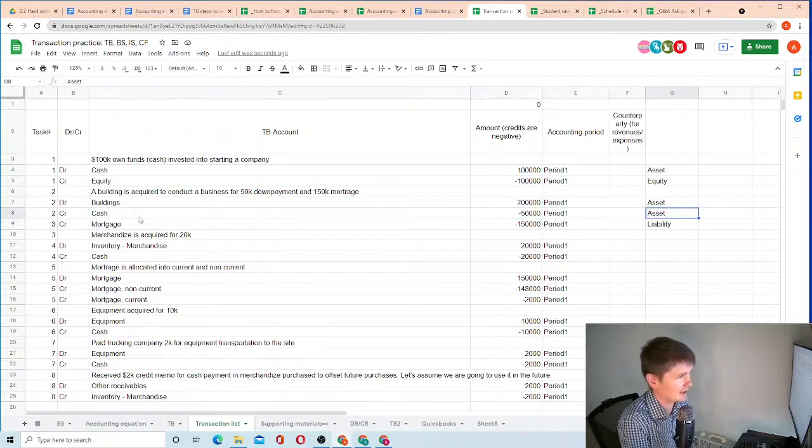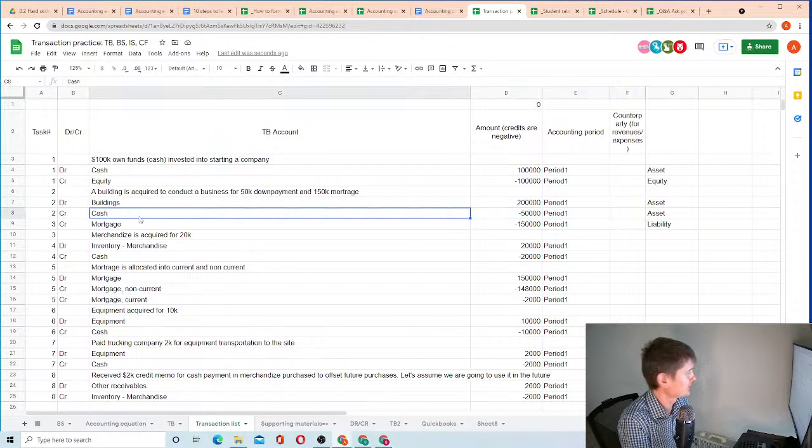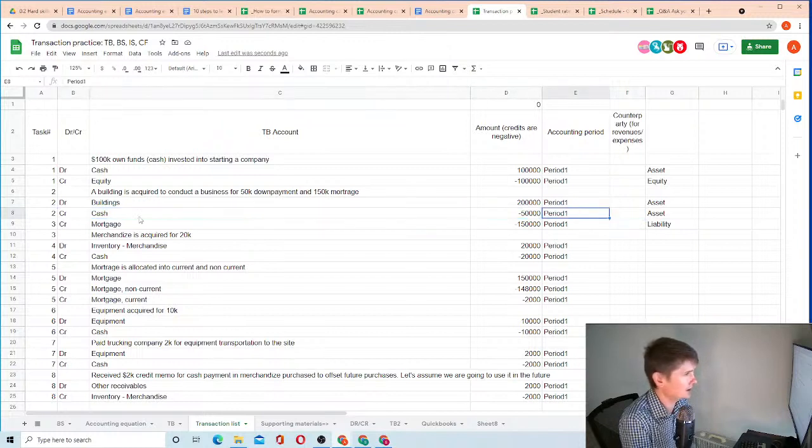It's an asset decreased by the cash, so it's a credit cash 50,000. And if we go to the mortgage, it's a liability, and it increases our liability. We acquired a new liability, and that should be a credit.